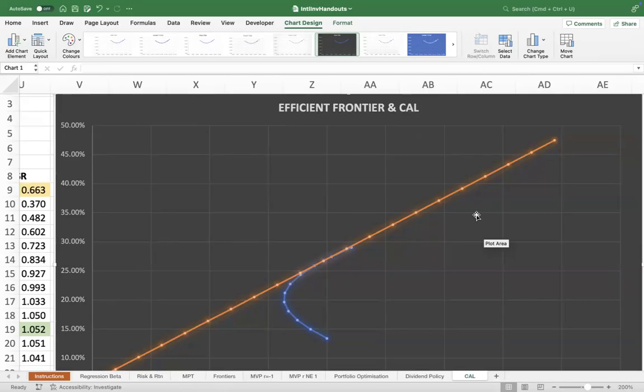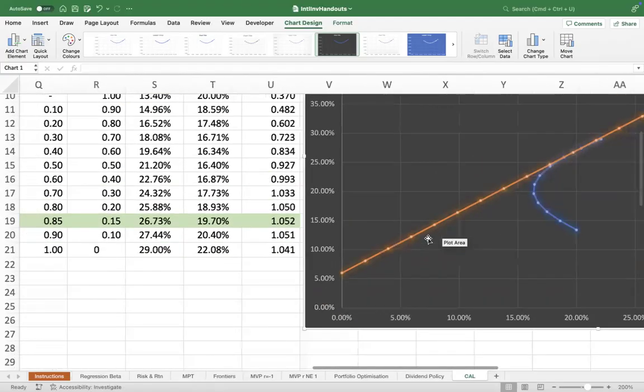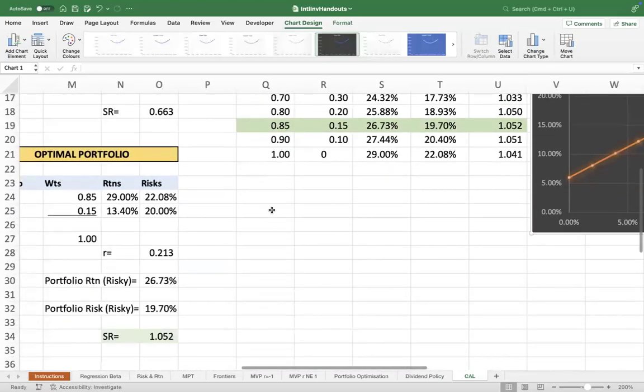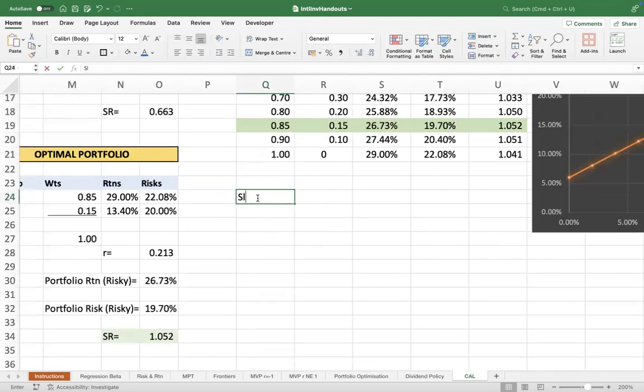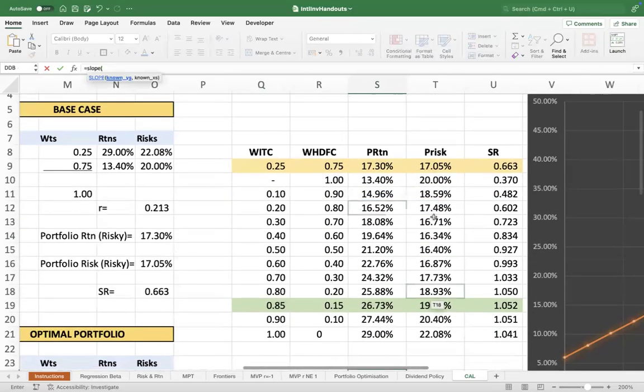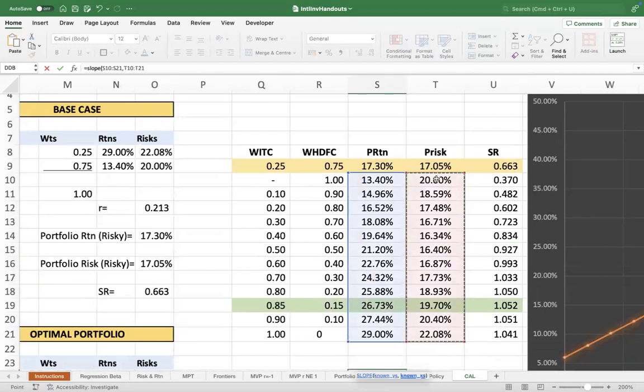Now, what if you look at the equation of the capital allocation line? What is the slope? Sharpe's ratio of the risky portfolio. So if I take the slope here, slope of the capital allocation line, it will be equal to the slope function. Take the known y's and known x's. So known y's are your returns, known x's is your risk.